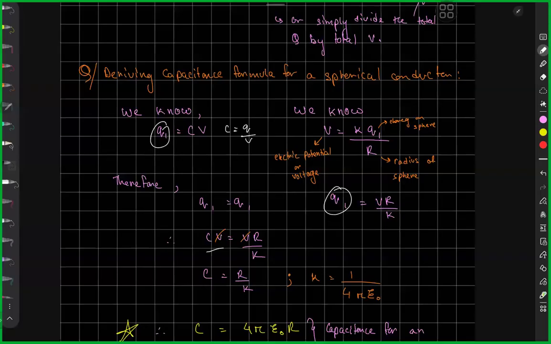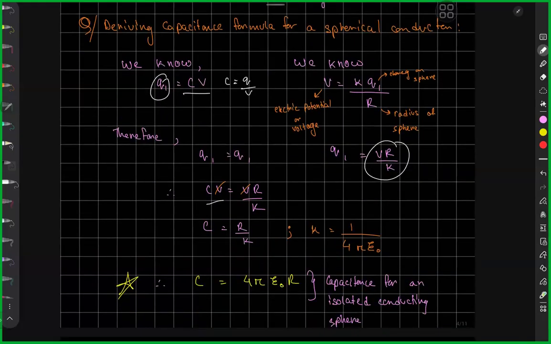So CV is equal to whatever formula, VR by K. My bad, sorry, VR by K. So CV is equal to VR by K. And what did I tell you guys about the significance of V on either side?